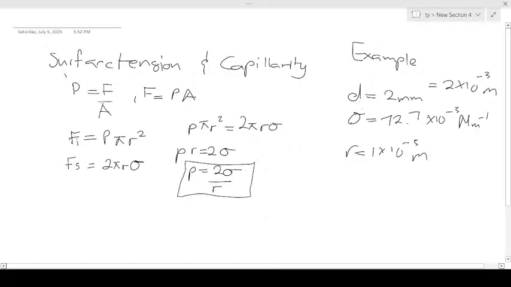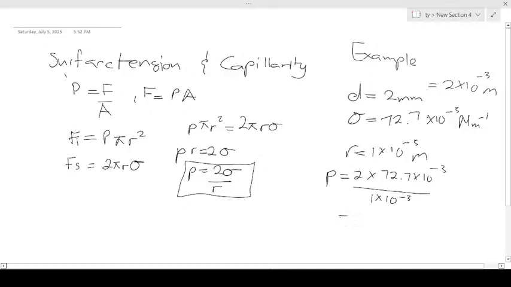So now, if we want to calculate, we have P is equal to 2 times 72.7 times 10 raised to the power minus 3 all over the radius, 1 times 10 to the power minus 3.